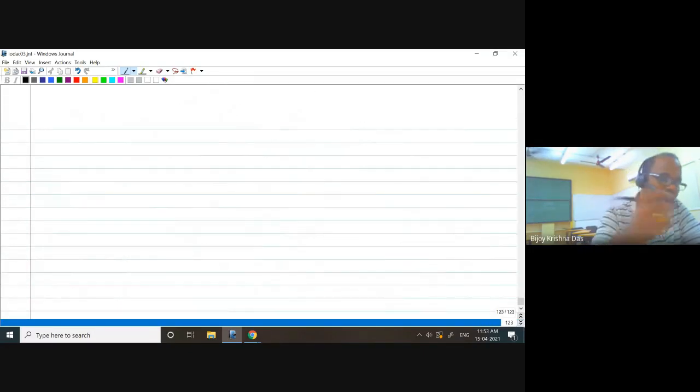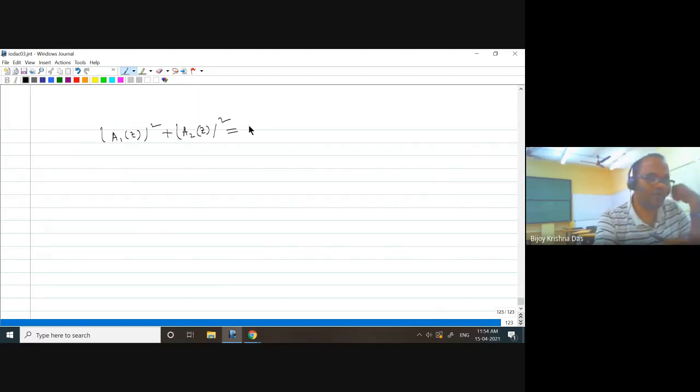Maybe without solving this thing, can you just solve A1 z square plus A2 z square? If at any point any two modes are coupled, and at any point z, I am just considering that thing. If I add them two together, what are you supposed to get?